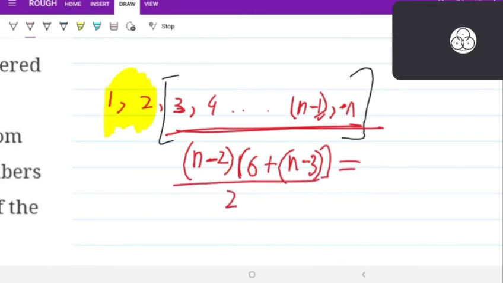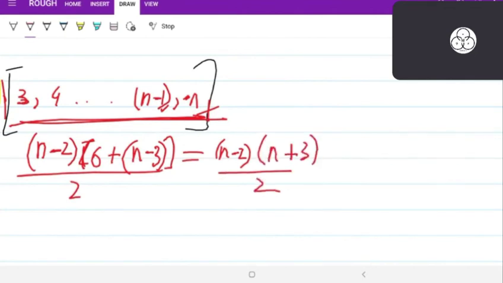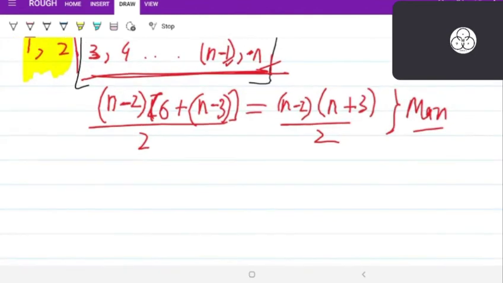This will be the sum of this part, right? The sum of this part. And this is the case when the sum is maximum. Why maximum? Already explained.